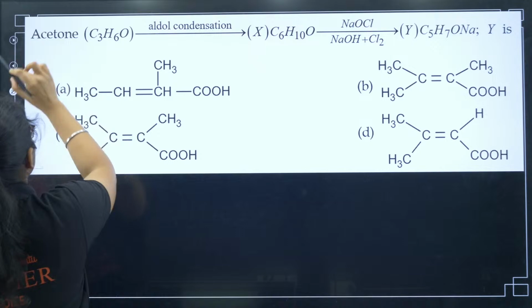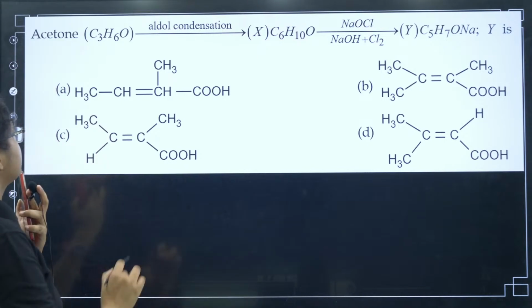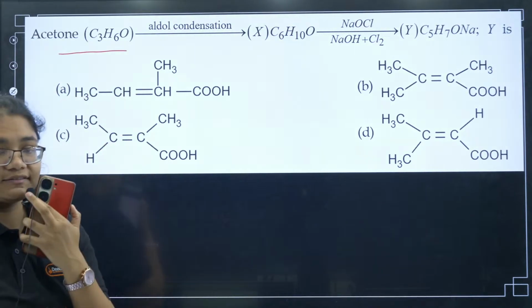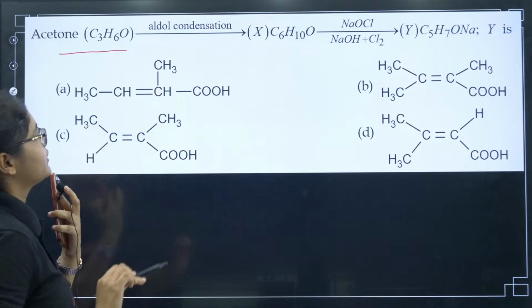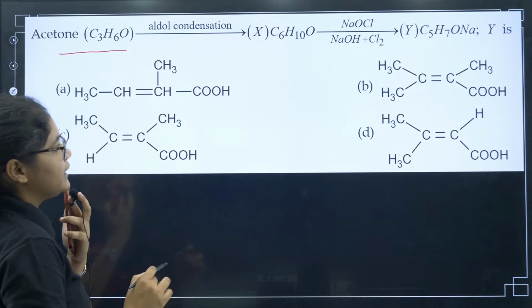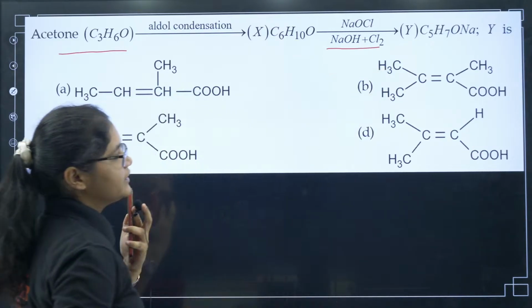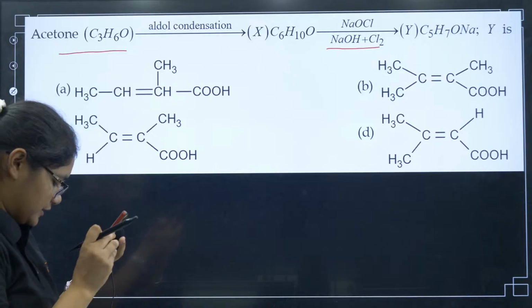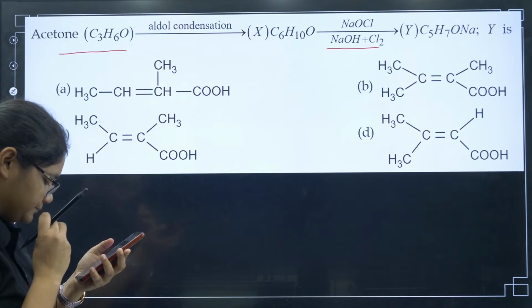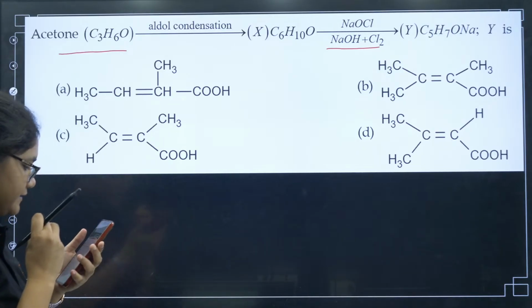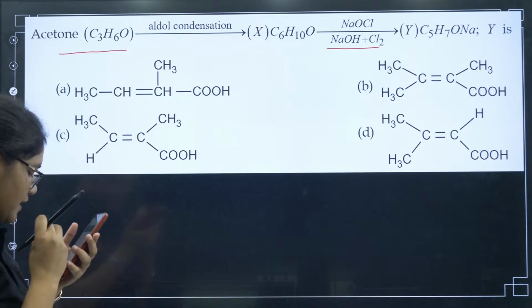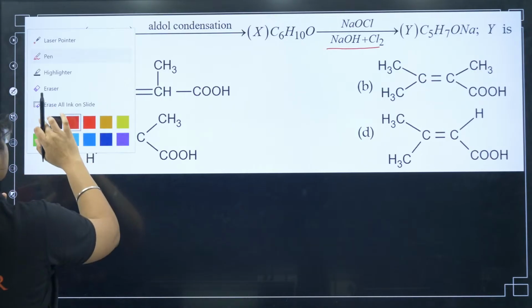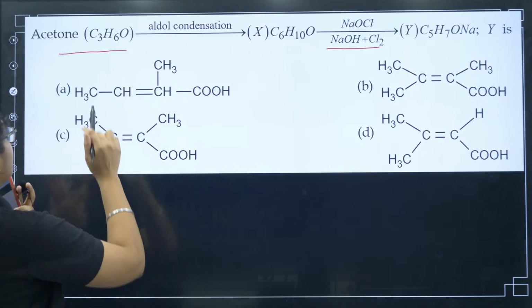Okay. Next question. Acetone, C3H6O is there. First you have to do aldol condensation. Then you have to treat it with Cl2, NaOH. Yes, very good question. Can everyone try this question? Okay, first let me do the aldol condensation. I told you how to do aldol condensation.